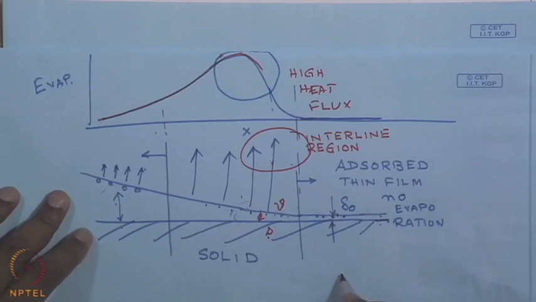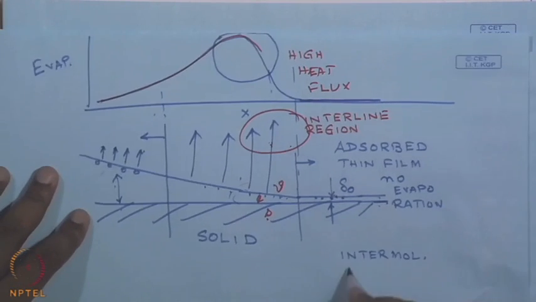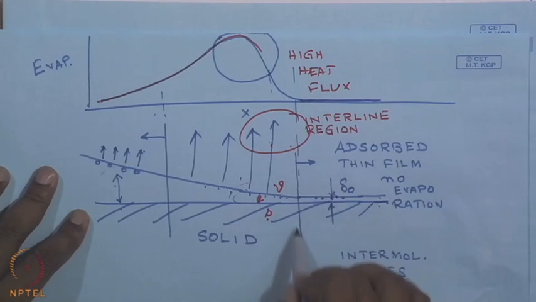The division and the names of these different regions, as I have said, are clear. So, we have an adsorbed film over here, as I have drawn. This is the region in the adsorbed film where intermolecular forces are important. In this adsorbed region, it is only intermolecular forces which are going to be important.